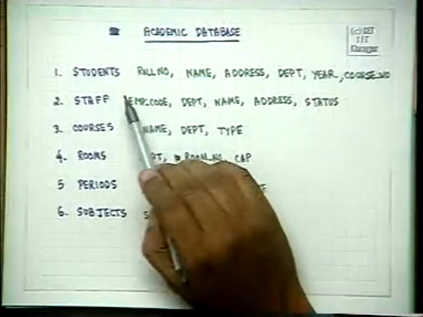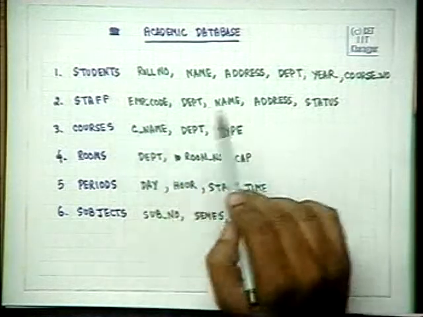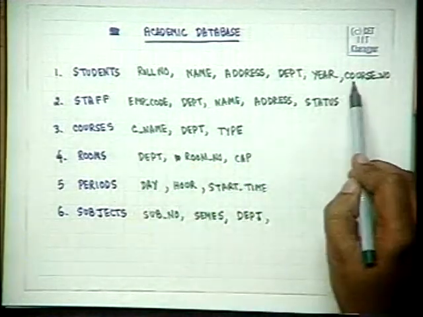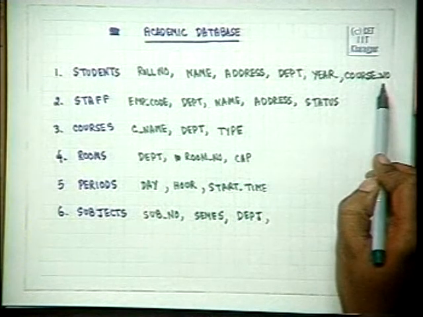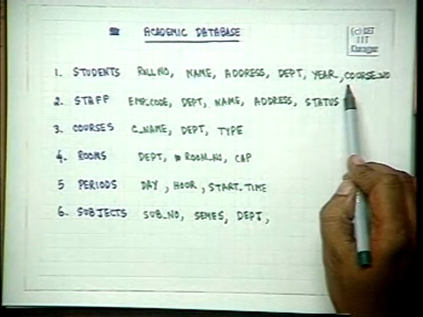So can we have attribute course number for entity courses? See, the name should be very clear to us. Can we have an attribute course number for the name courses? For a student, this course number is different. This course number is what is the course that he is taking.